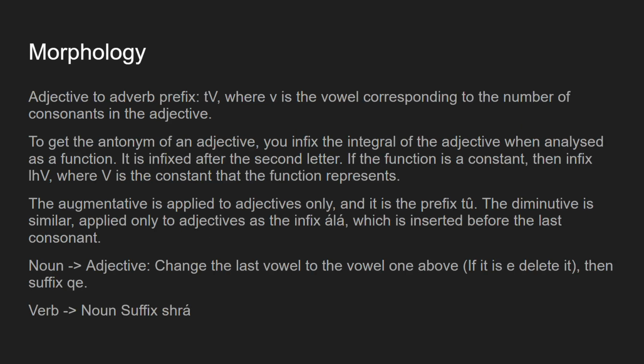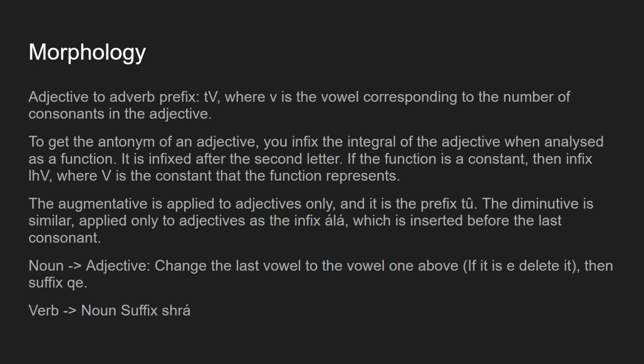Morphology. These are just some morphological affixes that exist in the language. The adjective to adverb prefix is v, where v is the vowel corresponding to the number of consonants in the adjective. To get the antonym of an adjective, you infix the integral of the adjective when analyzed as a function. It's infixed after the second letter. If the function is a constant, then infix v, where v is the constant the function represents. The augmentative is applied to adjectives only and is the prefix u.